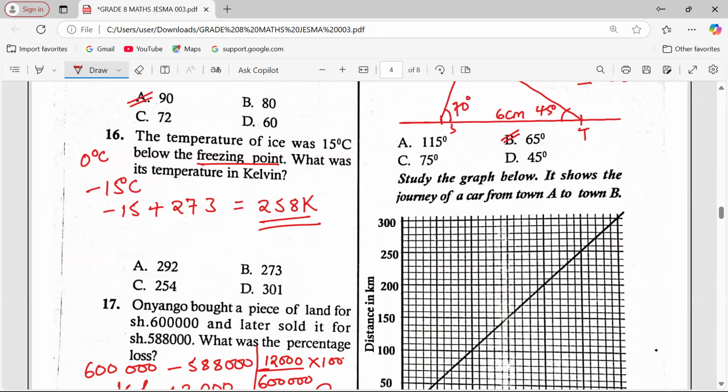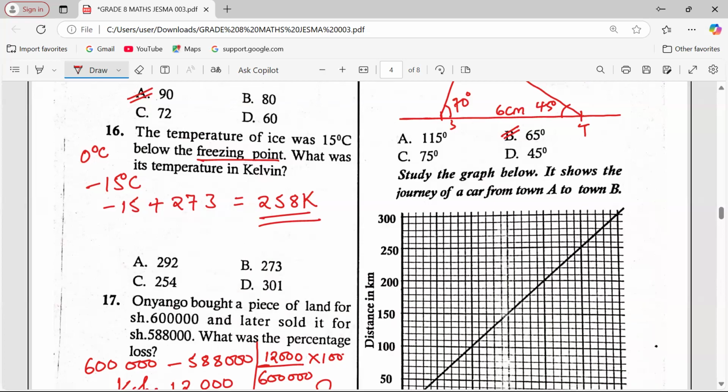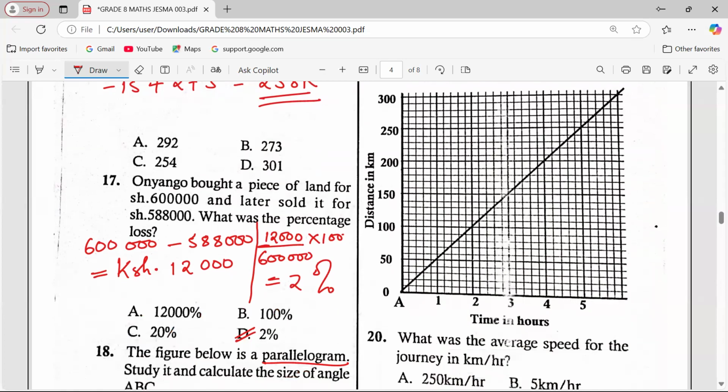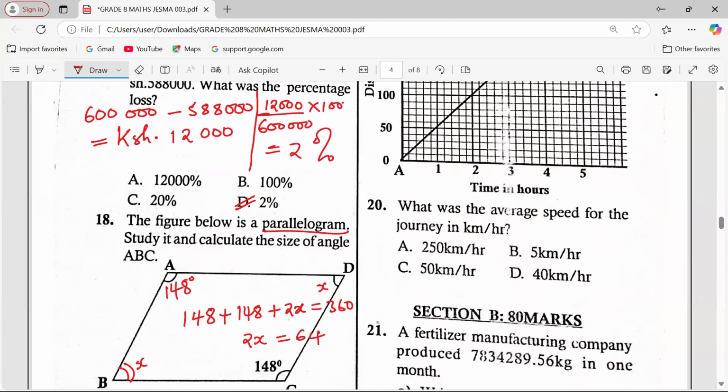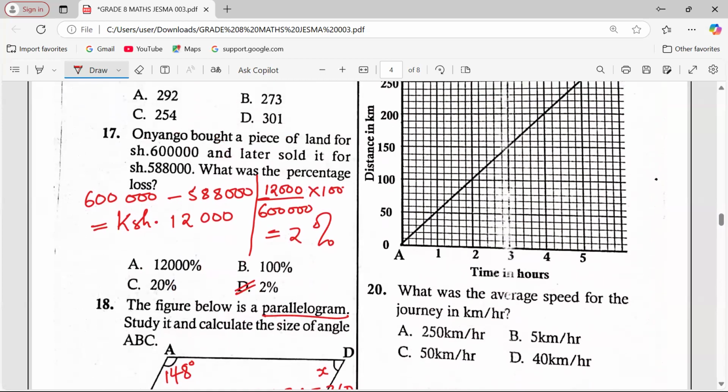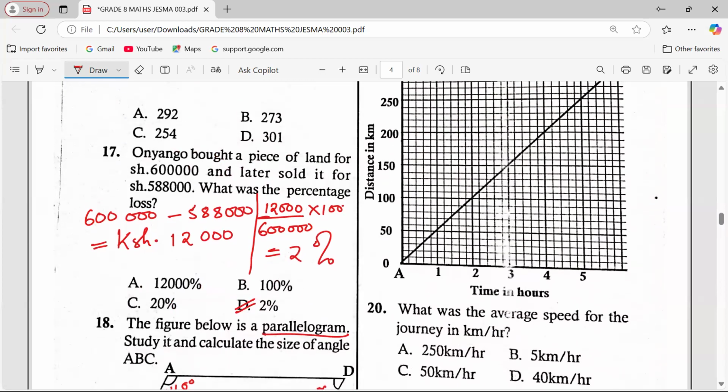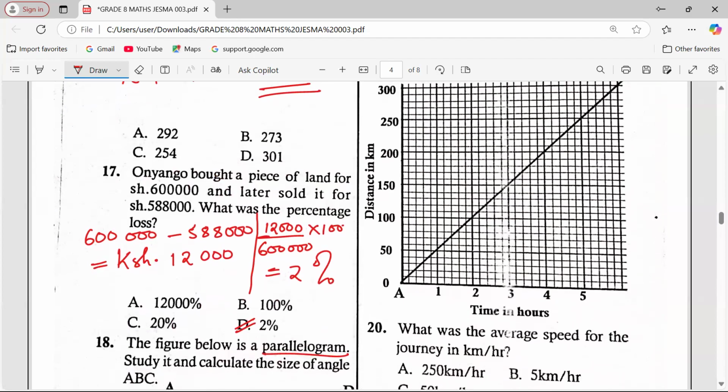Now, another question says, study the graph below. It shows the journey of a car from town A to town B. What was the average speed for the journey in kilometers per hour? So we have a distance time graph, distance in kilometers plotted against time in hours.